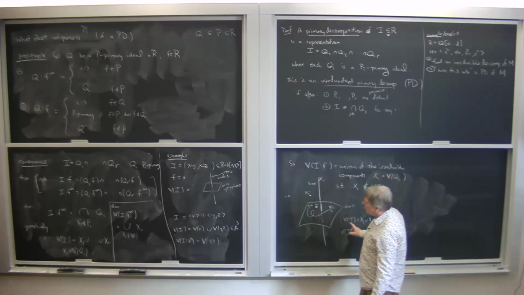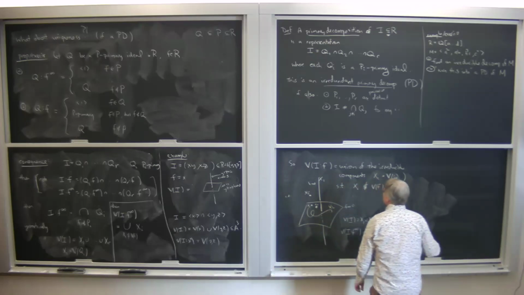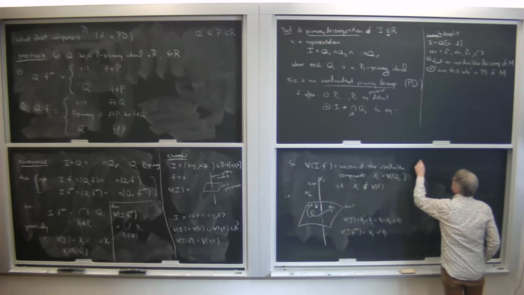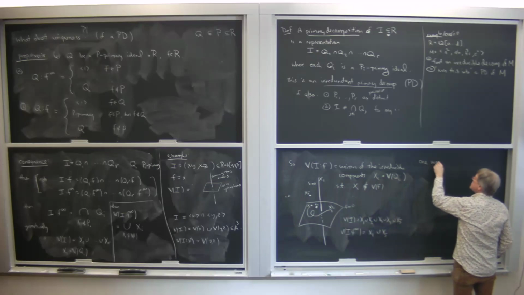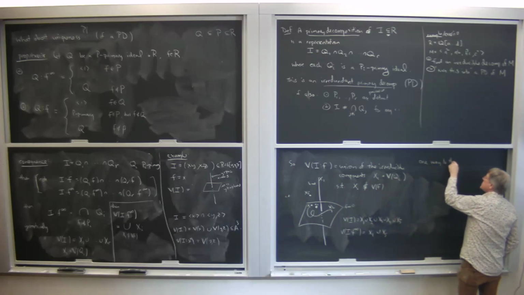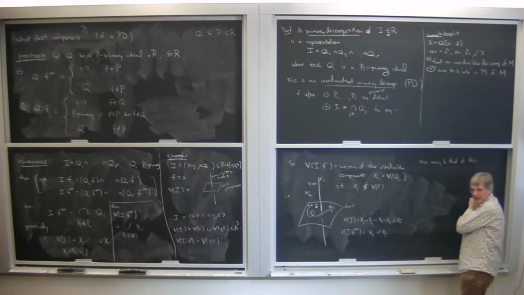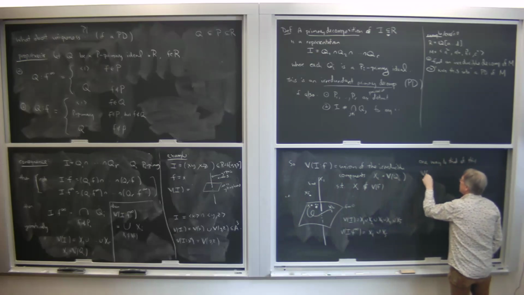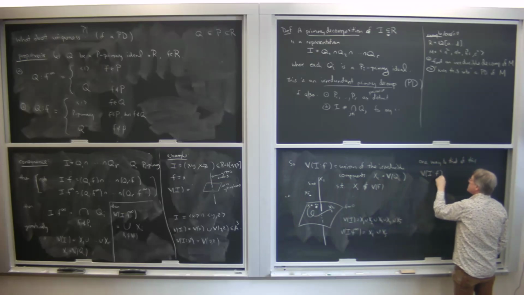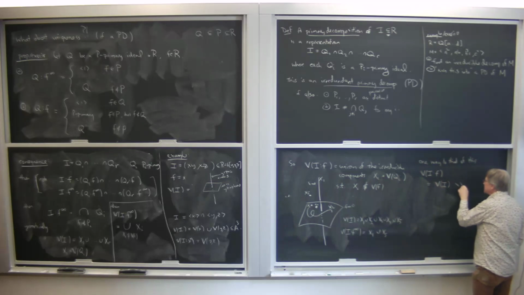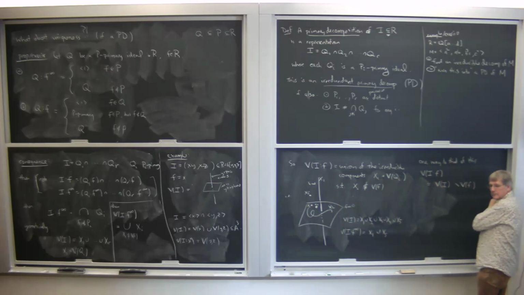So really, what's going on here? One way to think about this, maybe even a better way, is V of I colon F is equal to V of I minus the zero set of F. But this is not closed.